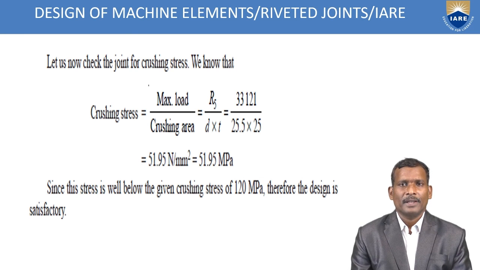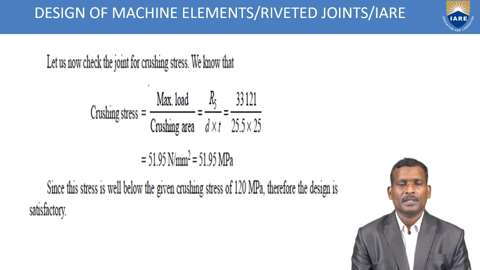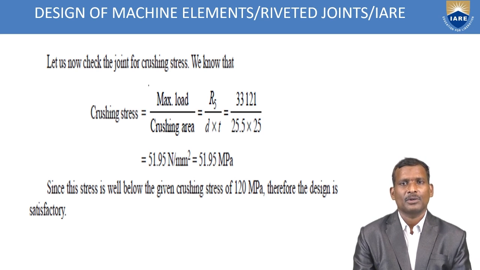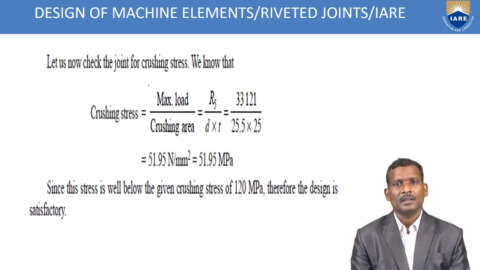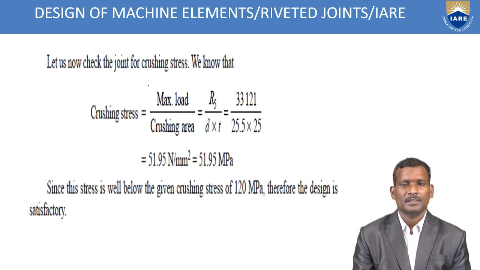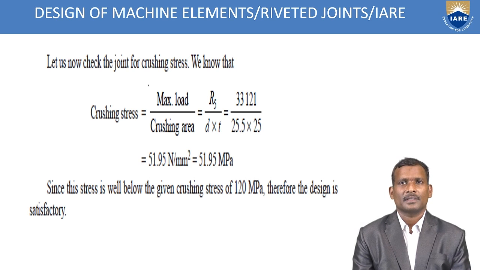Next, after determining the size of the rivet, you need to check for crushing stress. Does it withstand the crushing load or not? Then only you can say this joint is safe. When checking the design, you can say whether the design is safe or not. How to check this crushing?